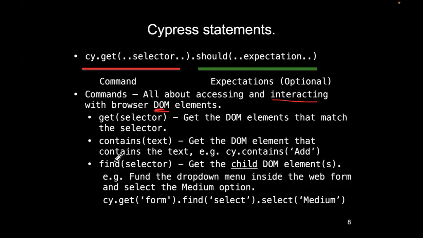The find method, and you give it a selector as its argument. What that does is it gets the child DOM elements of the current element. So if we take this example here, cy.get form will locate the element on the current web page that is of type form. In other words, it's a web form.